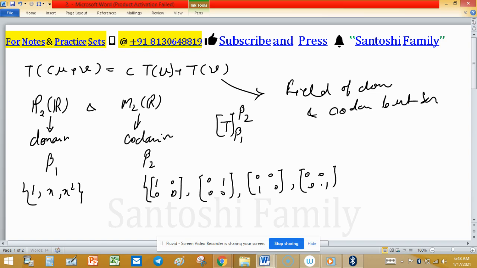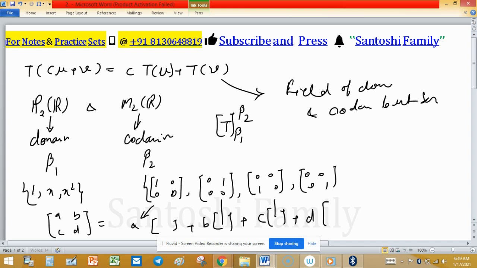Because a 2 by 2 matrix with entries A, B, C, D is a linear combination of A times the first plus B times the second plus C times the third plus D times the fourth, these are the basis elements of M2R.